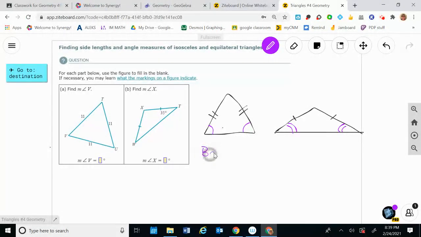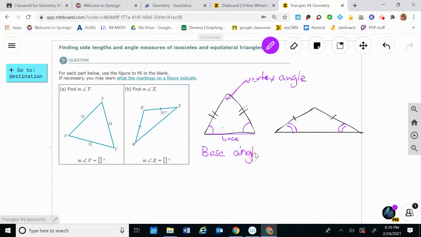So base angles. These are called base angles because we imagine that the isosceles triangle has a base. This is a base, okay? That's a base. This is called the vertex angle. So we have base angles. I'm going to actually erase that so I don't use shorthand.